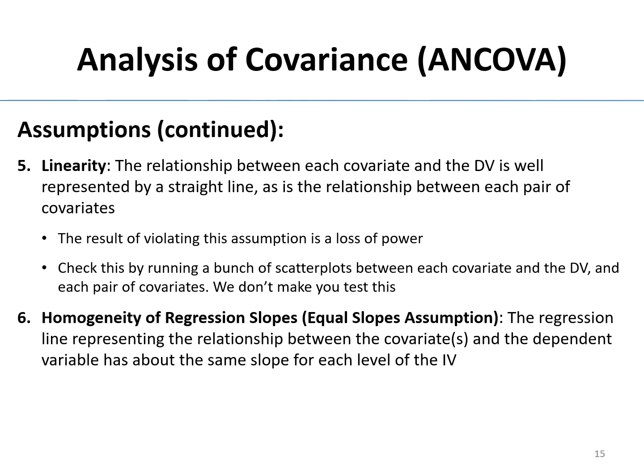The homogeneity of regression slopes, or the equal slopes assumption, is the big one that people talk about the most with ANCOVA. This basically says that whatever regression line it comes up with, so it makes a linear regression line, whatever that regression line is, it's about the same for each level of the independent variable or cell in the design.